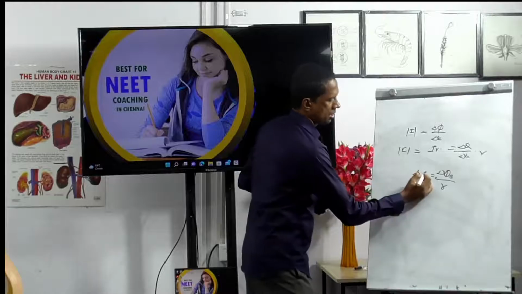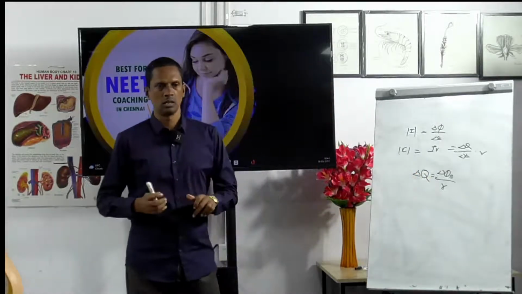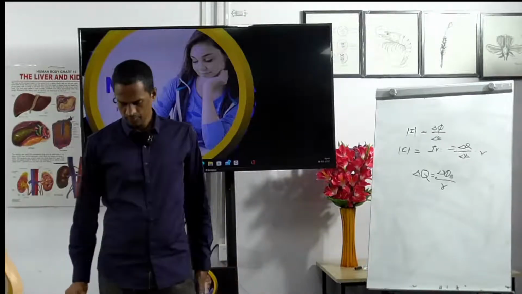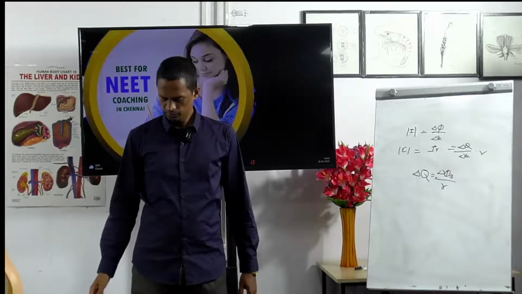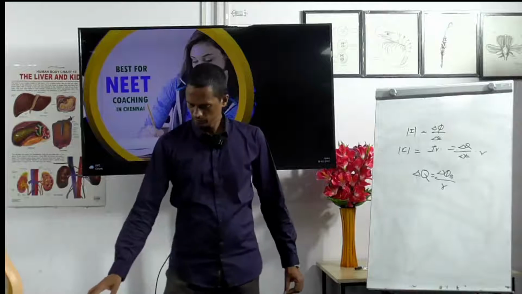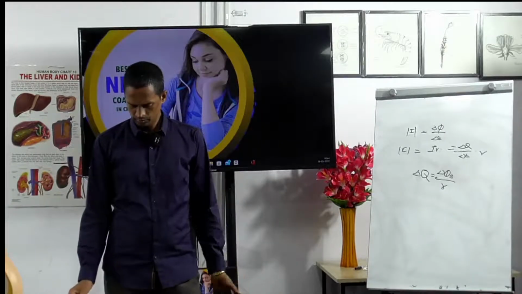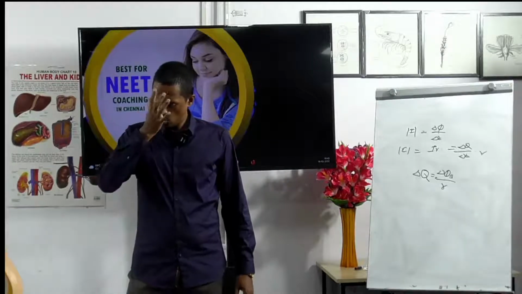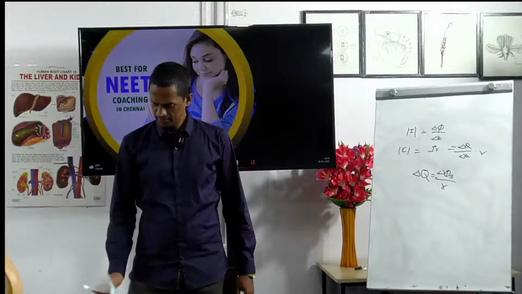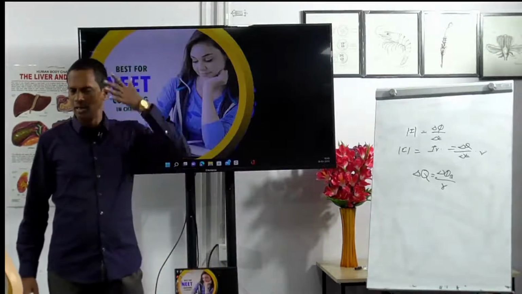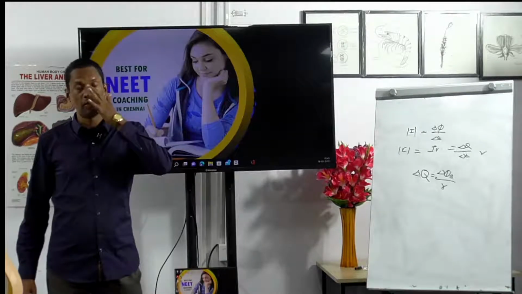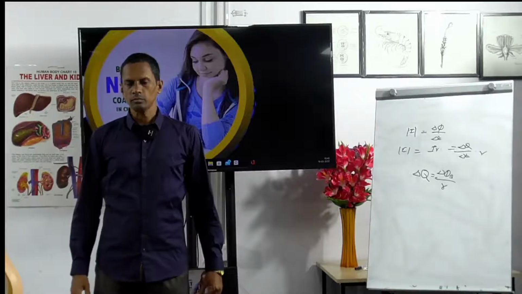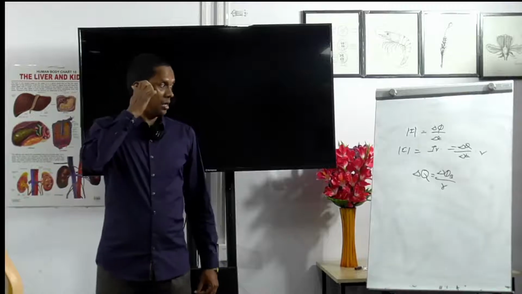It's del Q. Rate of change of charge is given by rate of change of flux with respect to R. R is radius, sir.